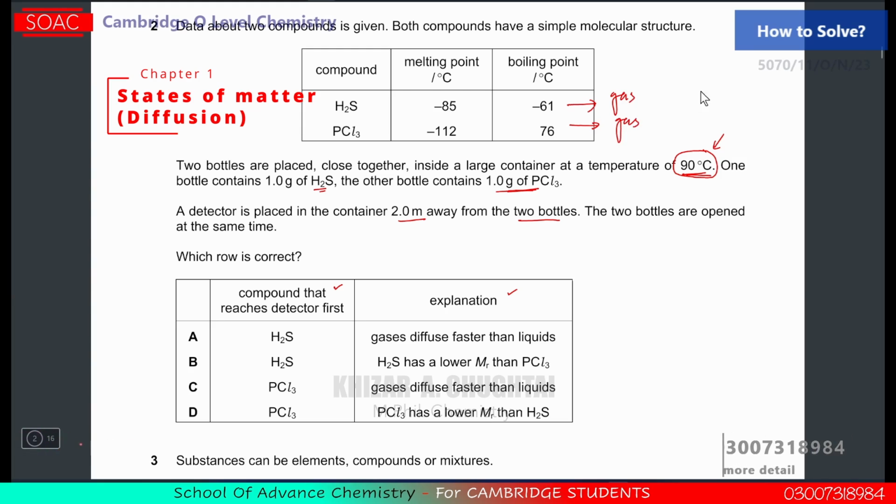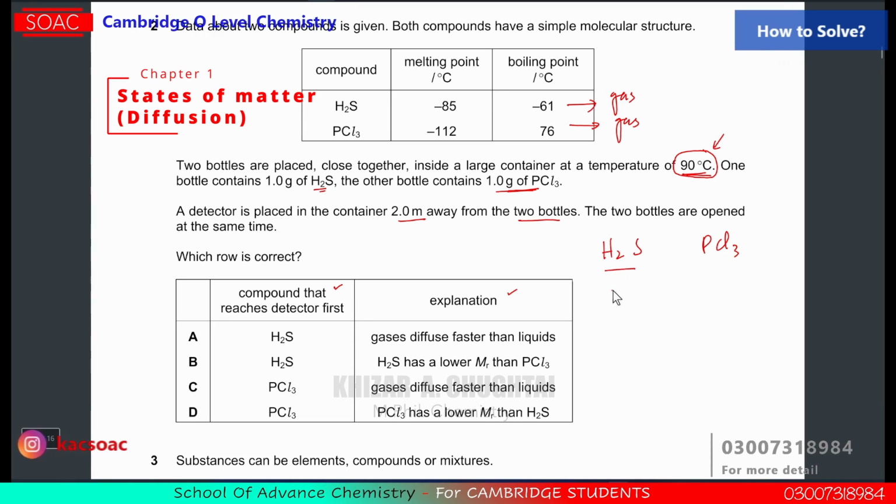Both compounds are in a gaseous state. If there are two gases, they are going to diffuse. So we can check their rate of diffusion with respect to their masses. What is the mass of H2S and the mass of PCl3? Which one has the smaller mass?